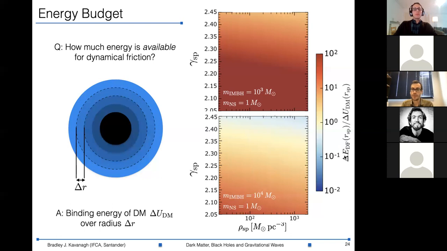Okay. So what you find is that the amount of energy you would need to successfully speed up the inspiral by the amount you're trying to is actually much larger than the amount of binding energy in the dark matter halo.